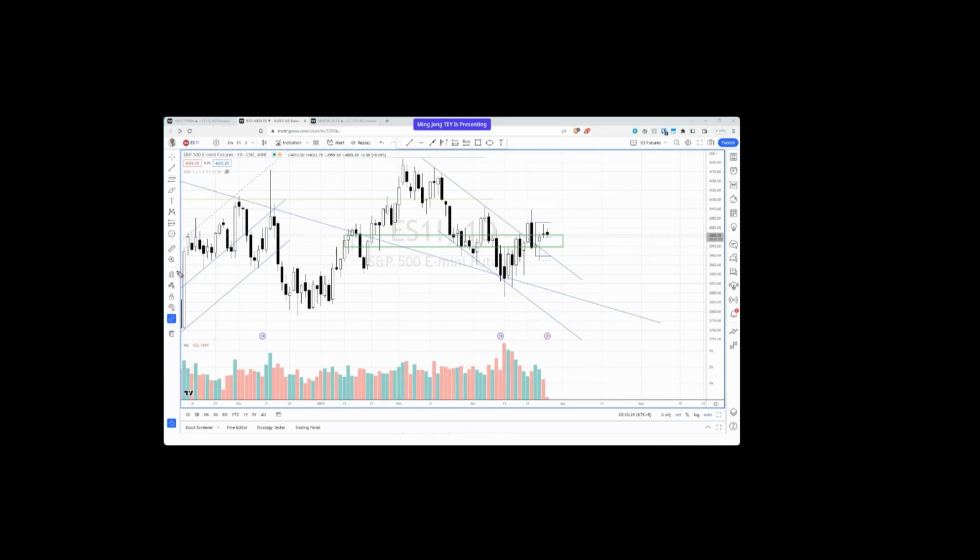That is the thing I'm very concerned about, because without the rest of the stocks participating, we can only see selective big cap stocks or big tech stocks move up. So just keep in mind the negative market breadth.